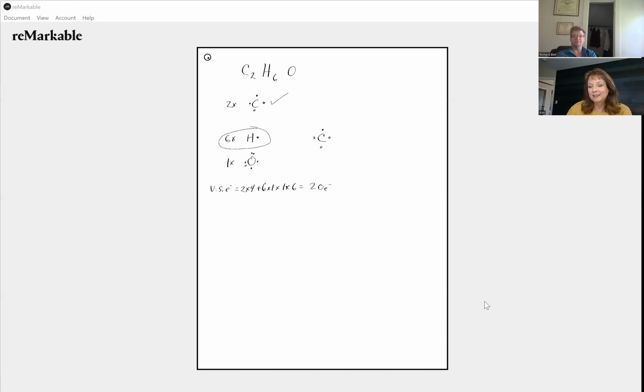We can add an oxygen. Don't want to pair that one up. Oxygen is now complete. We're holding off on hydrogen, so now we need to add another carbon.